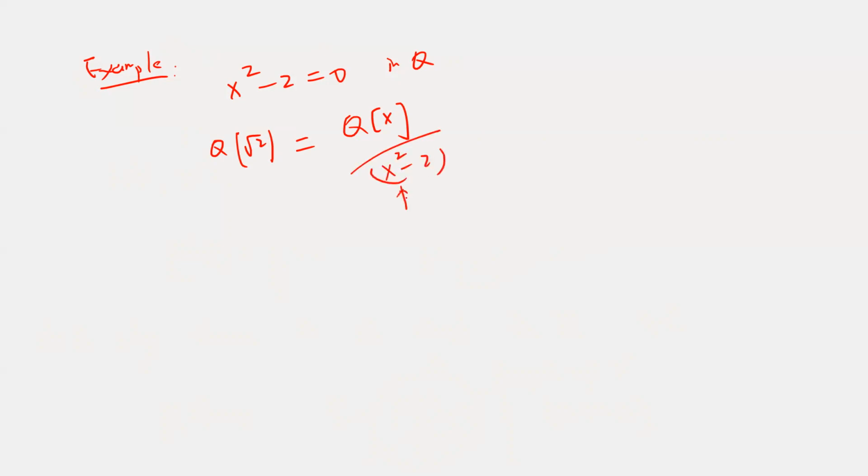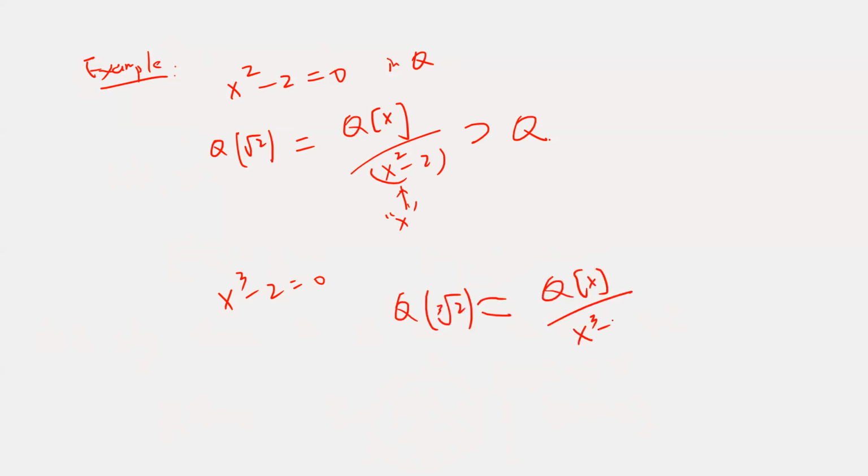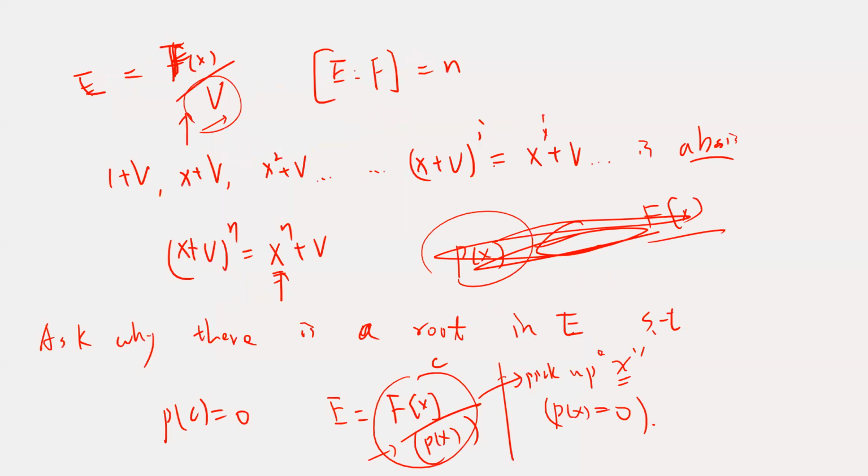Then this X will be a root, right? So this is the extension over Q. So if you have this, then you can say that Q adjoin square root of 2 is isomorphic to Q of X modulo X squared minus 2, right? So this X is a root, right? So it looks stupid that you just quotient this, right? But actually this is the whole technique.